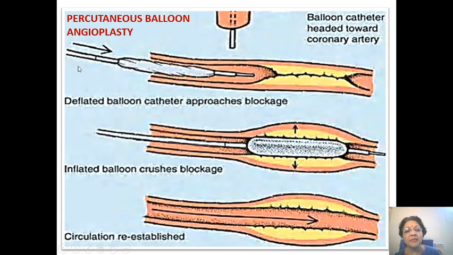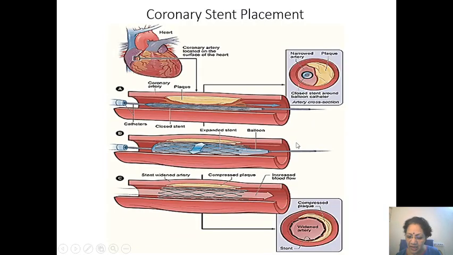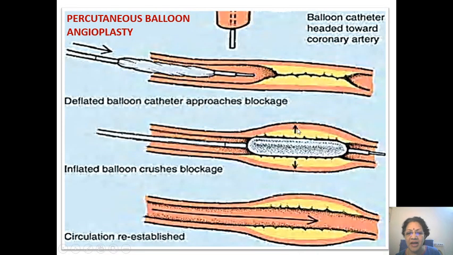So this whole thing, because we have gone via the skin into the femoral artery and then gone up the tree, is called percutaneous. That means you're doing the whole intervention through the skin. Balloon angioplasty: you introduce the catheter with the balloon collapsed. You come to the block. At that point, you push through the block. Once it is in the center, you inflate the balloon, and then the plaque gets pushed.